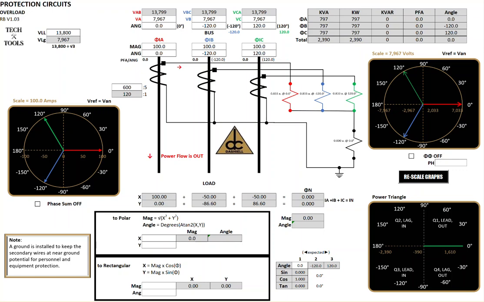So we've come up with an x and y coordinate for each phase, and we know that we sum the x's, sum the y's, and we get a sum of the x's and a sum of the y's. Basically, what we're doing here is proving that IA plus IB plus IC is equal to I neutral. And right here, it added up to 0, which is typically what we want to get.